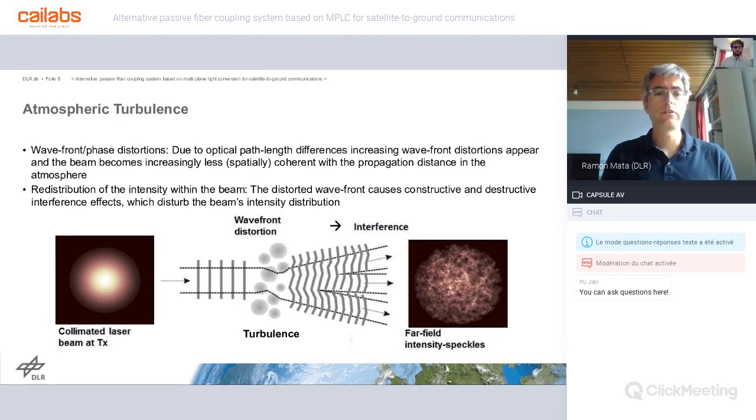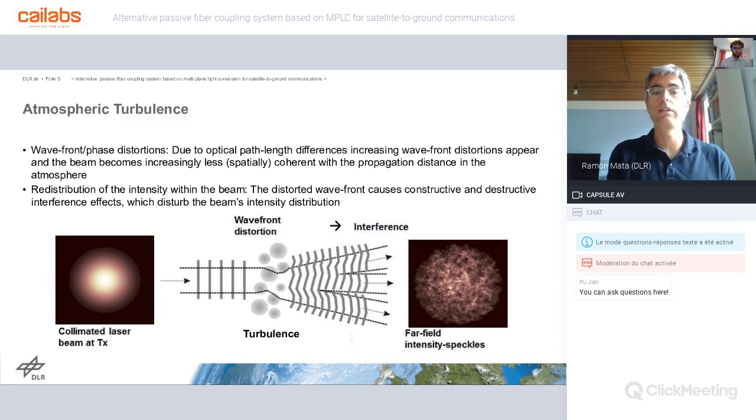About turbulence, just some words. On the left part of the slide, you see the transmitted beam. It is usually assumed to be a Gaussian beam, which is symmetric. We transmit it through the atmosphere, and the atmosphere has different cells with different indices of refraction due to temperature variations, also on a small scale, producing phase distortions along the profile of the beam. When it transmits, these different phases self-interfere, sometimes constructively, sometimes destructively, producing the pattern you see on the right with multiple speckles, with more light or less light.